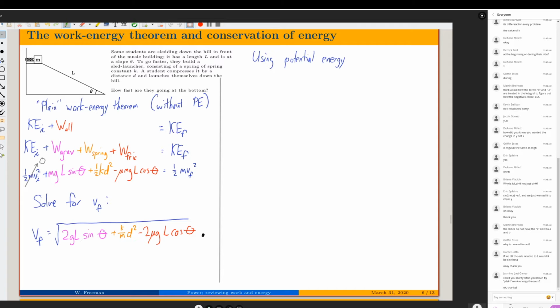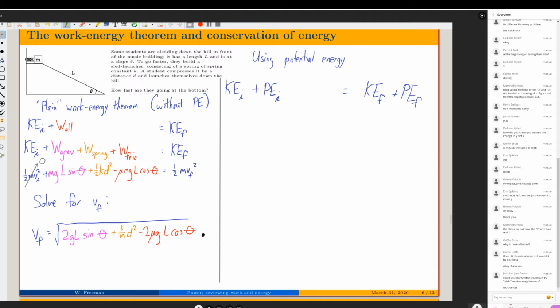Now I'm going to do this problem thinking about potential energy. We'll get the same terms. I'm even going to color code them in the same way, but I'm framing the problem in a different way. So now I'm going to be thinking about as many forces as I can as associated with a potential energy.